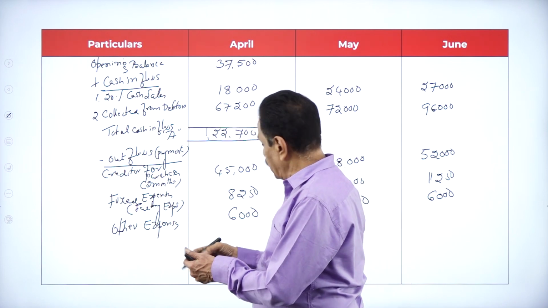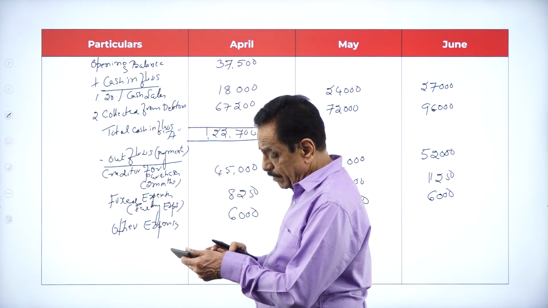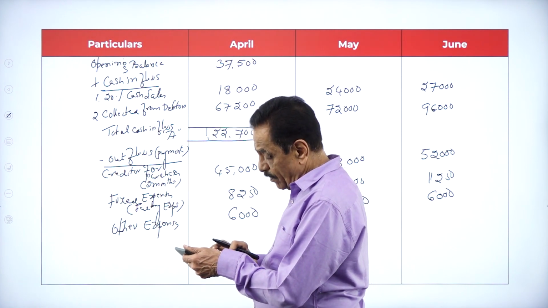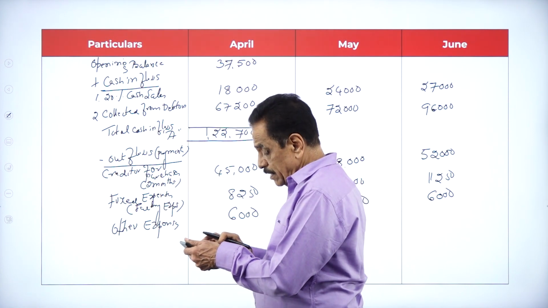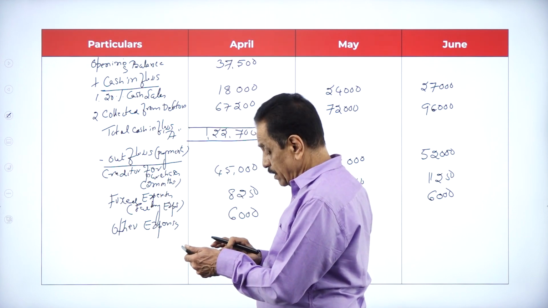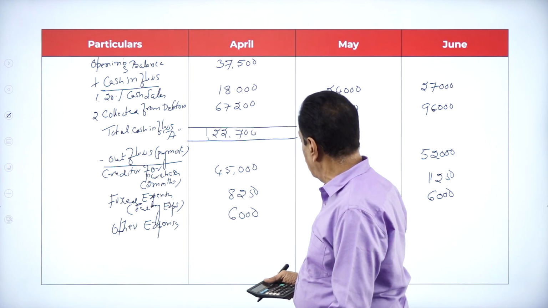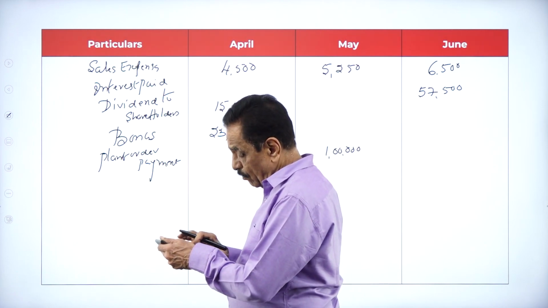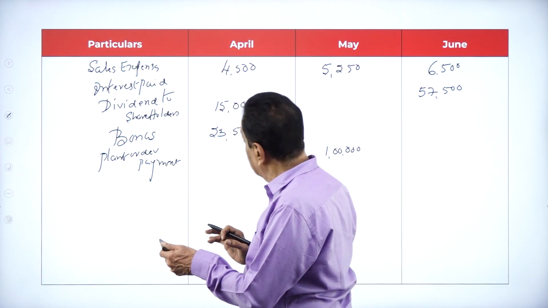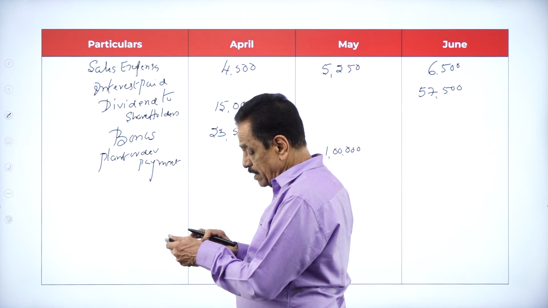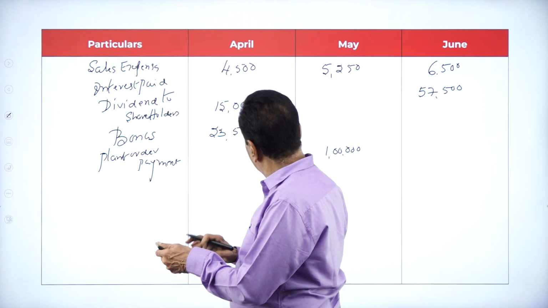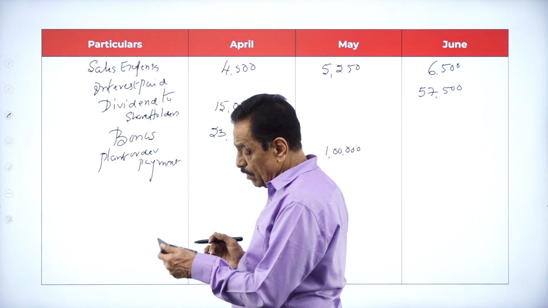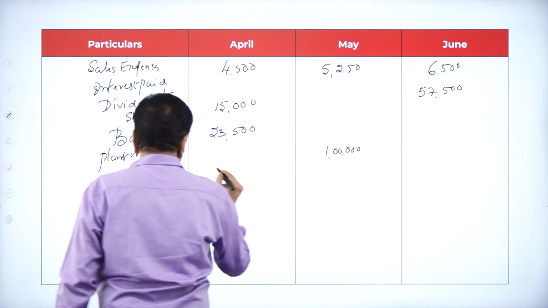So 45,000 plus 8,250 plus 6,000 plus 4,500 plus 15,000 plus 23,500. 1,02,250.